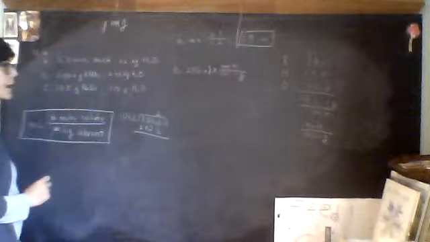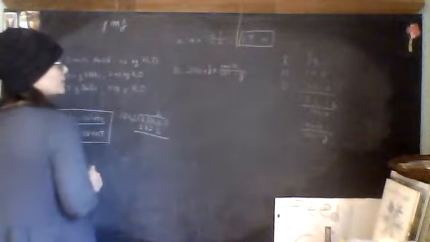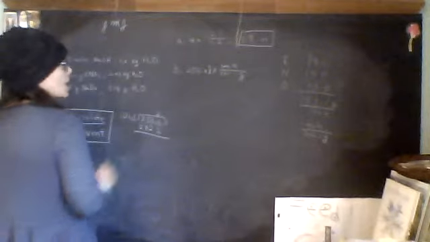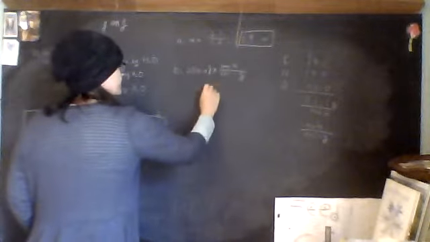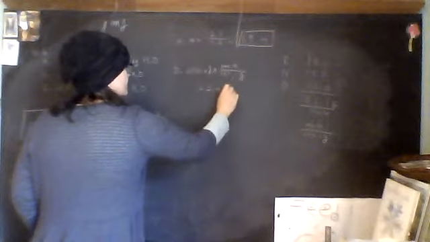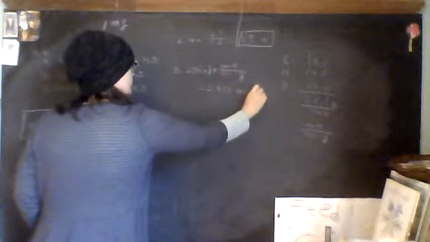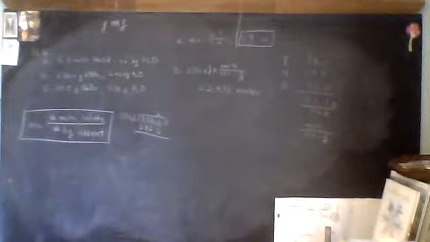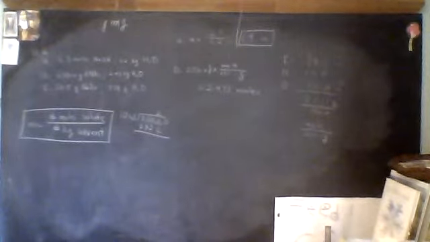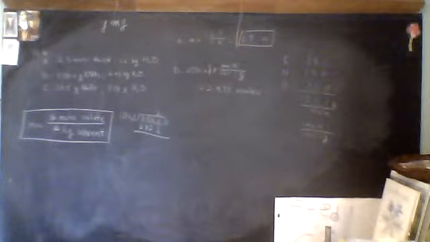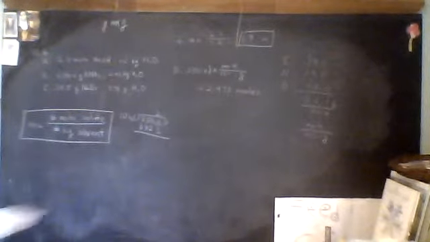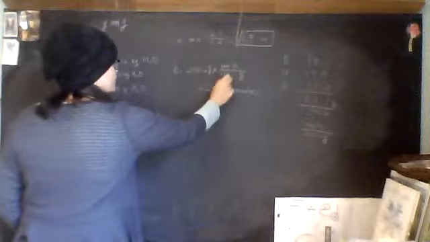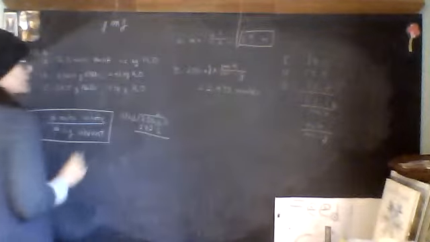I want 4 significant digits. 2.473. Okay, see, we have 4 significant digits here and 4 here. All right, so that's how many moles.